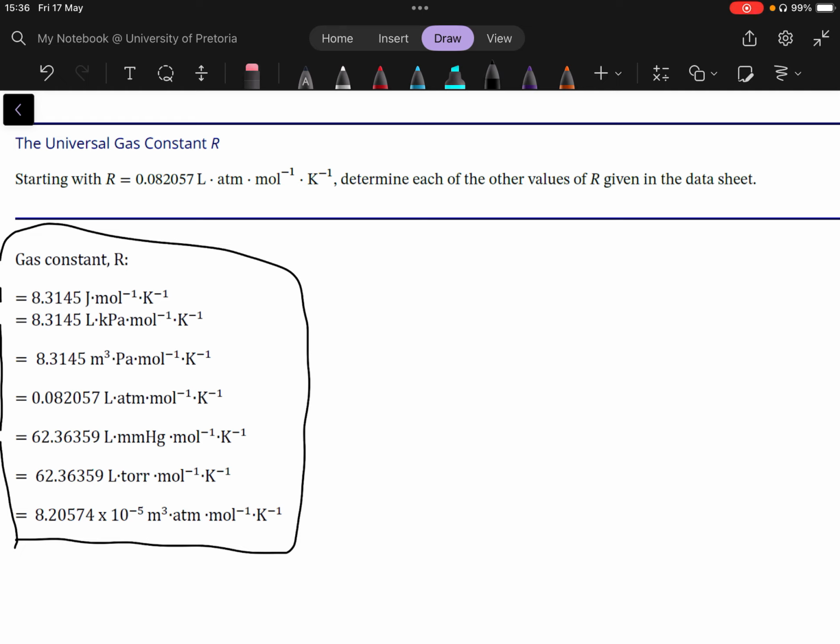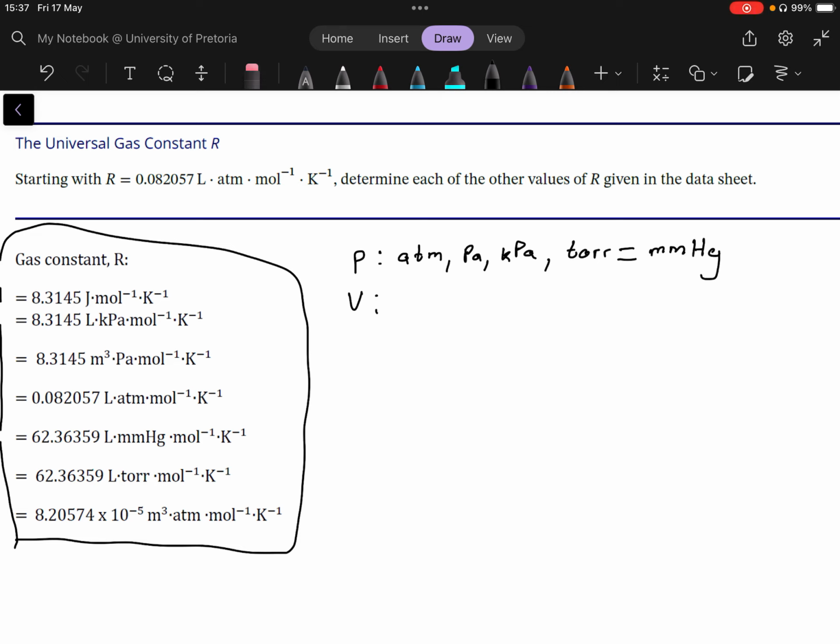So you can't really do anything about mole and Kelvin. But of course, your pressure and your volume units have some sort of relationship. For pressure, we can have atmosphere, Pascal, kilopascal, and torr, which is similar or equal to millimeter mercury.